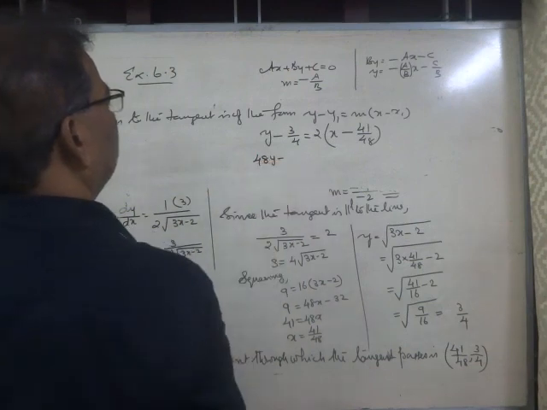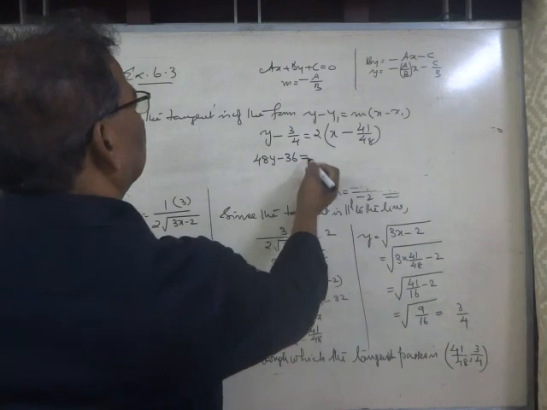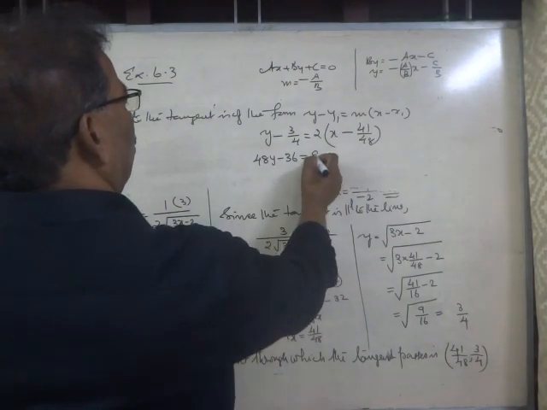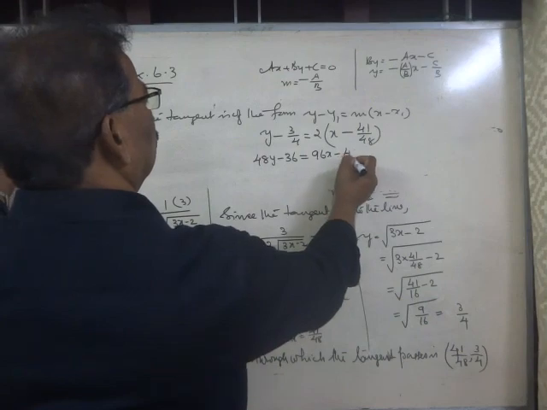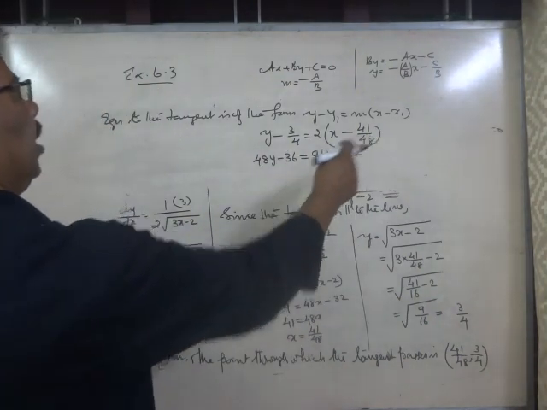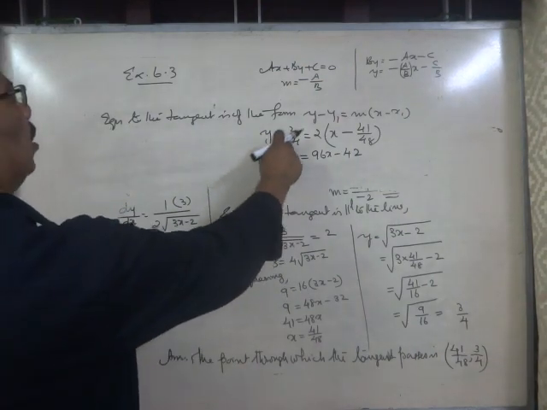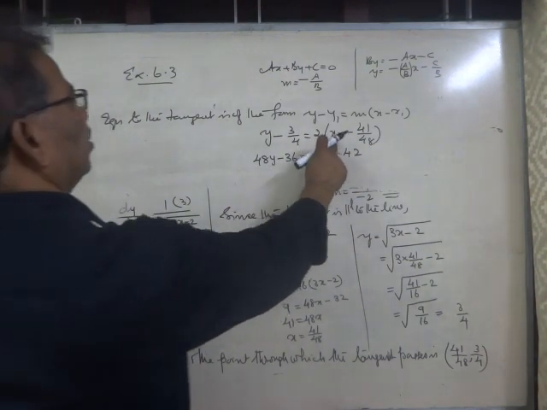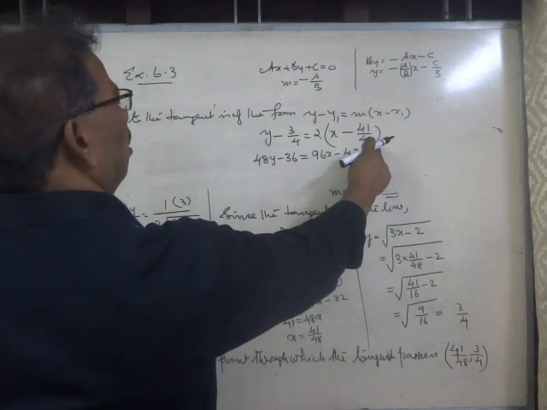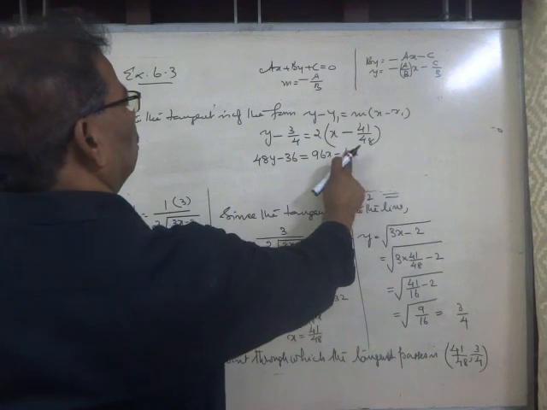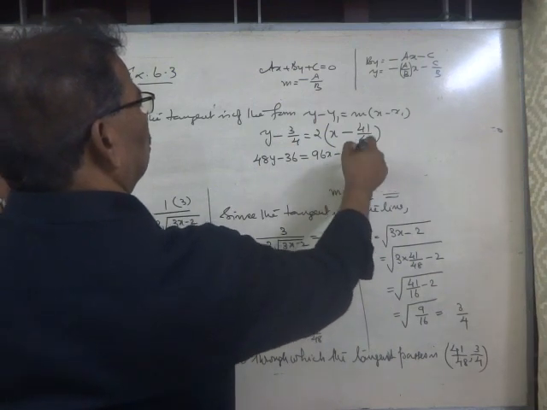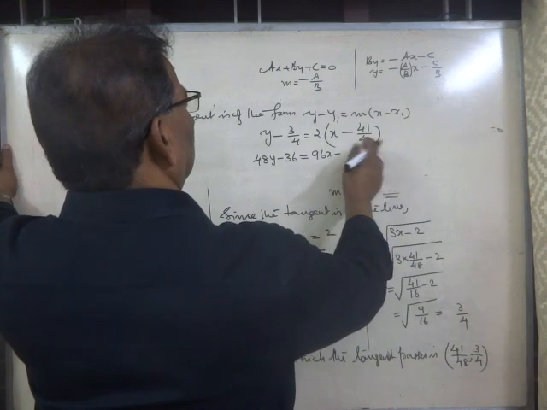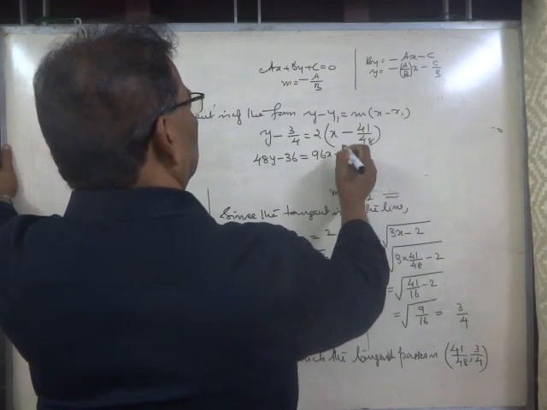We are multiplying by 48. 48 into y, 48y, 48 into 3 by 4, that is 12 into 3, that is minus 36. 48 into 2, 96, 96x minus 96 into 41 by 48, 48 and 48 cancel, 82.